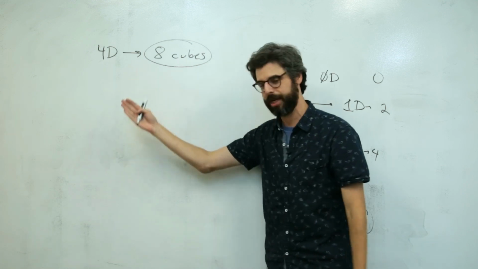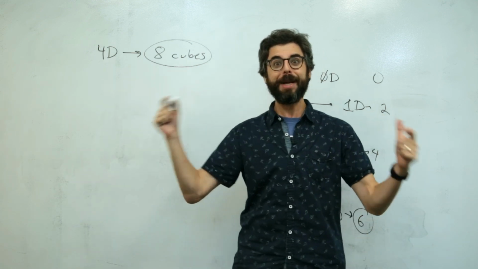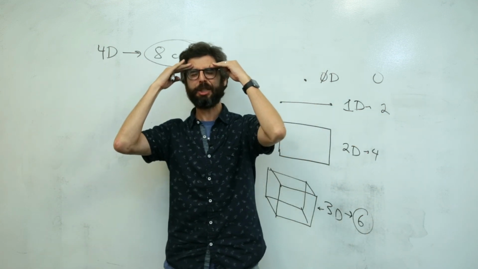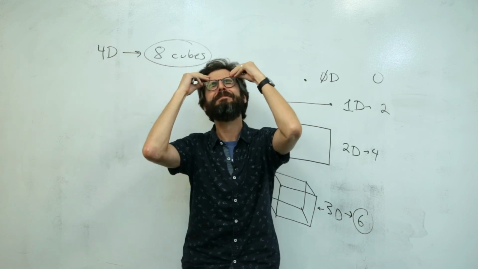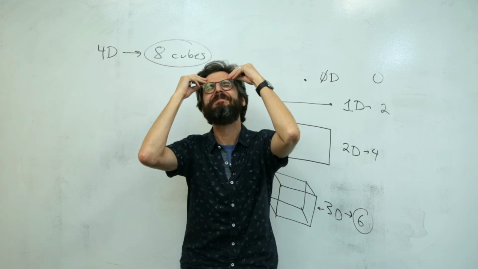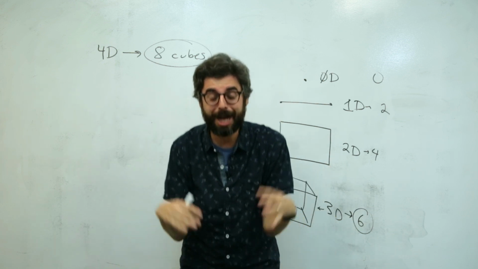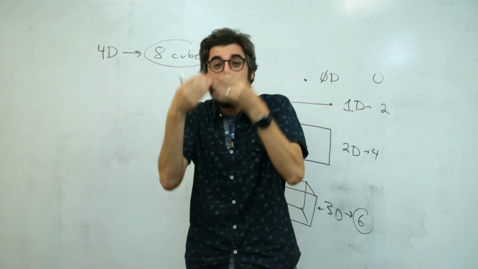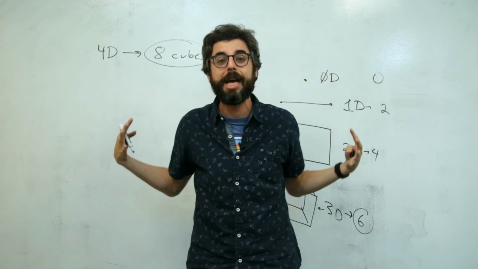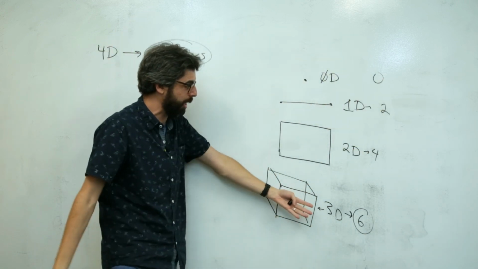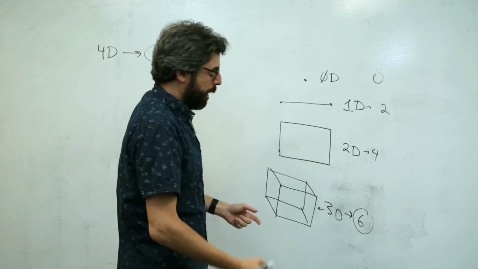This is accurate. The problem is, I'm going to sit here and try to visualize this in my head. Are you doing this with me? I can't. I just cannot do it at all. Human beings did not evolve to understand the world in any dimensions higher than 3.